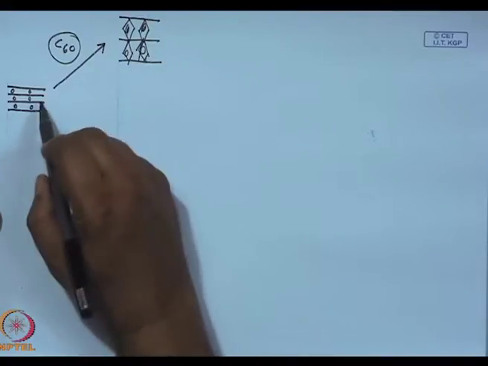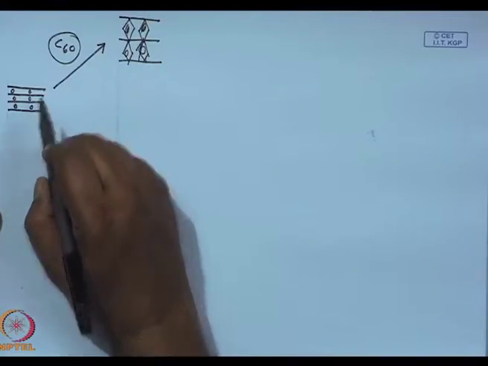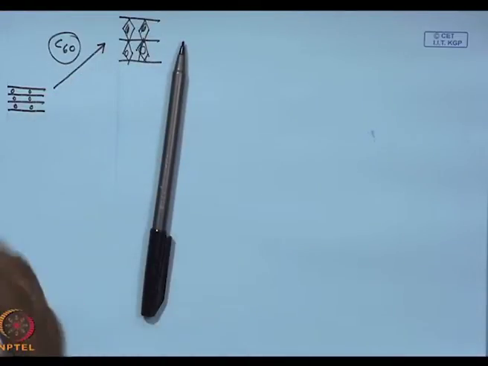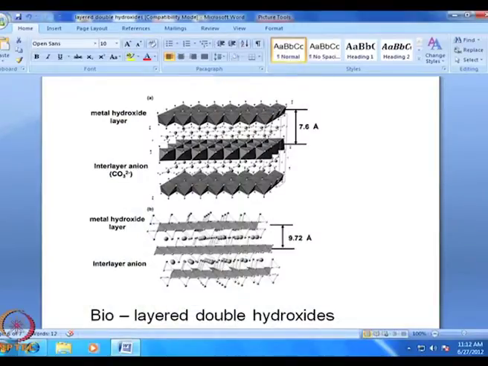First of all, to go from the layered double hydroxide to here, what was done was, in between the chains over here, over here, large organic molecules like say dodecyl sulfate was put into these two layers, thus having a large layer separation.